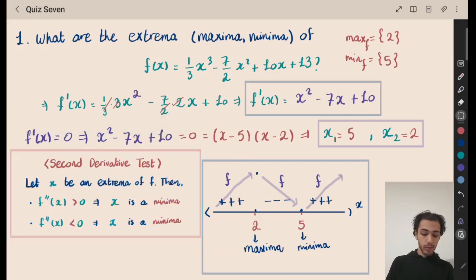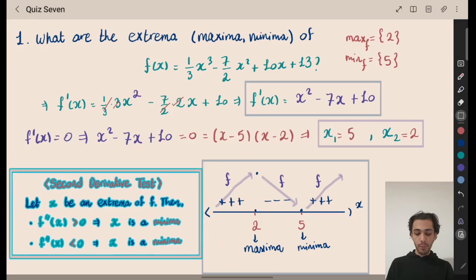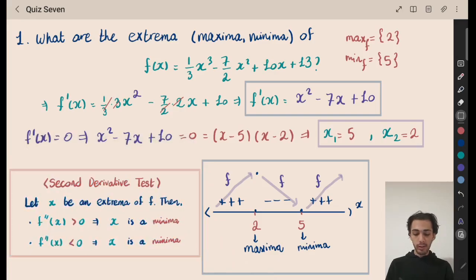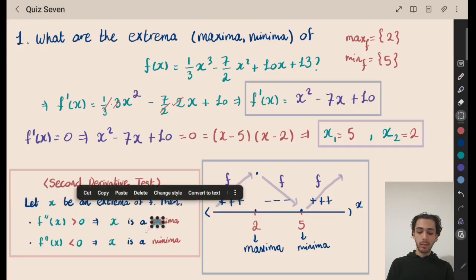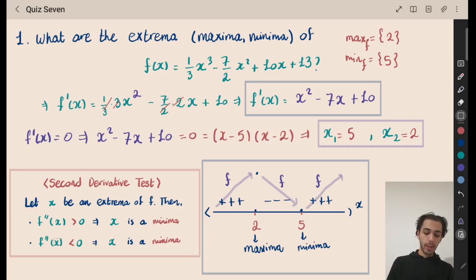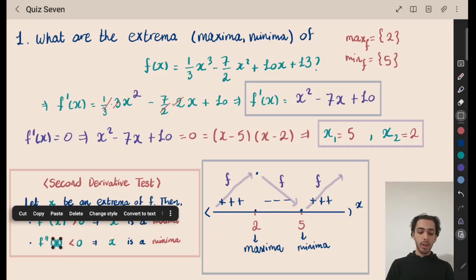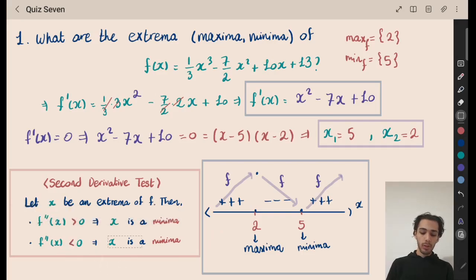And the second derivative test tells you that if x is an extrema of f, and now we know that these are extremas, 5 and 2, then if you plug in the extrema inside of the second derivative and you get a positive value, then this x is probably a minima. And the opposite is true. So if you plug in x in the second derivative and it's negative, then probably x is a maximum.